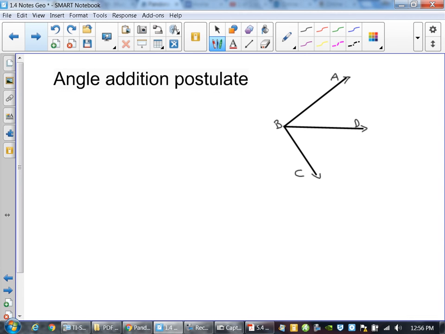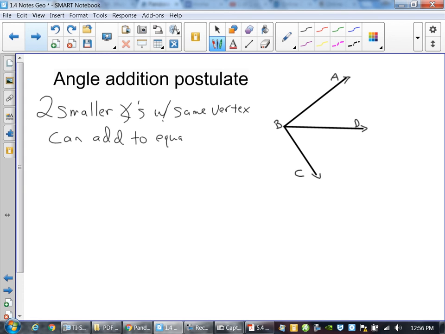That's it. Angle addition. Two smaller angles with the same vertex can add to equal a larger one. It's basically all it is. Just like when we had segment addition.